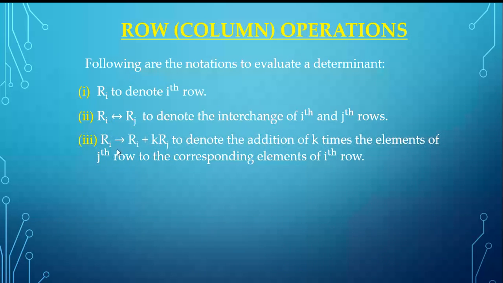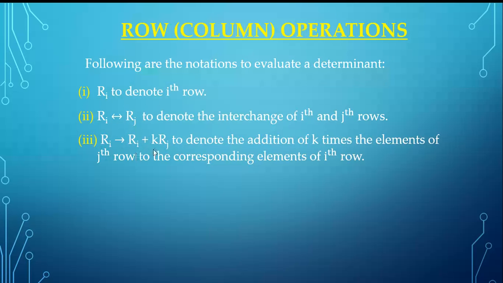Next operation we can use is Ri implies Ri plus k Rj. It means that we multiply any row by k and add it to the corresponding elements of the ith row. With this operation, always remember that the row we need to change is written in first place.